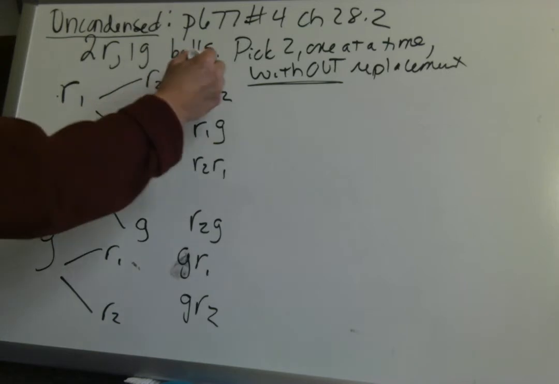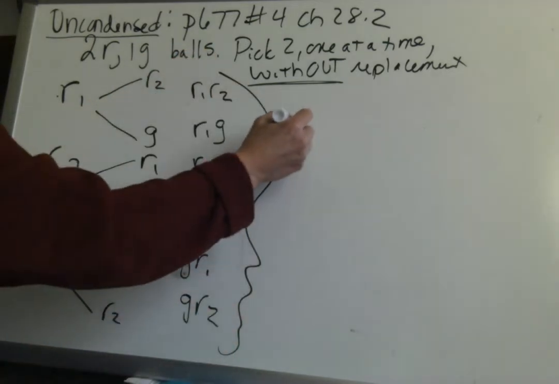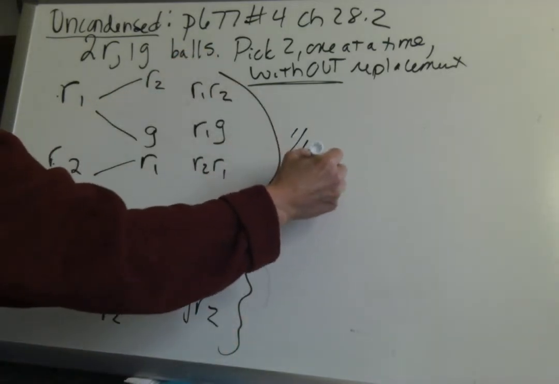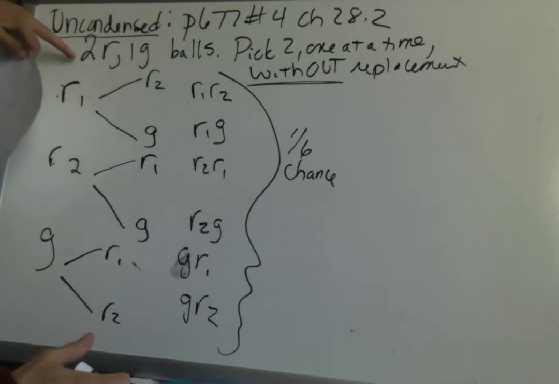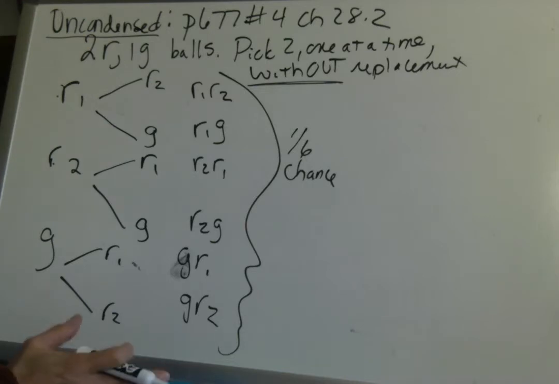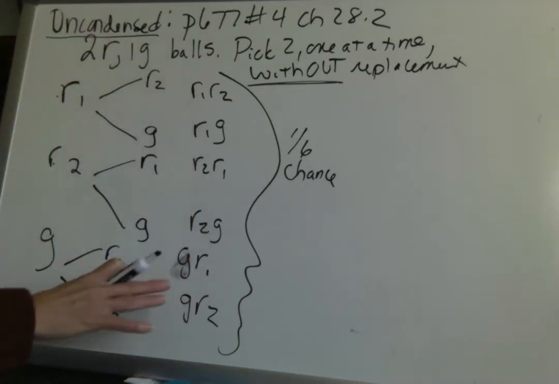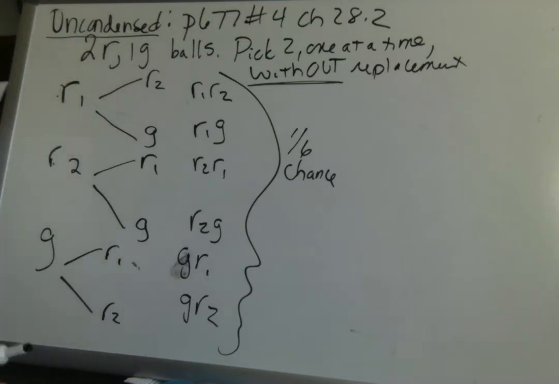Each one of those is equally likely. So very similar to heads and tails, but you can see it's getting a little bit long. I know there's still only 6 things, but goodness, what about if they give me an example that has 10 balls in it? There's no way I'm going to write a tree diagram for that, right? This is still manageable because there's only 3.